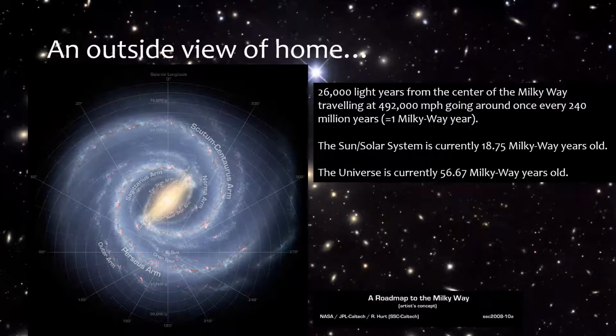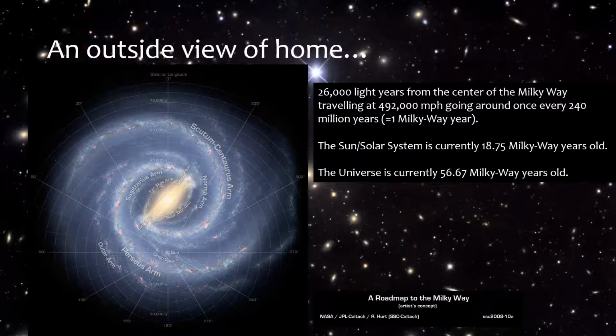The sun takes about 240 million years to go around the galaxy. So I'm going to call that 1 Milky Way year. In that context, the sun and the solar system is 18 3/4 Milky Way years old, and the entire universe is 56 2/3 Milky Way years old, according to our current best measurements.